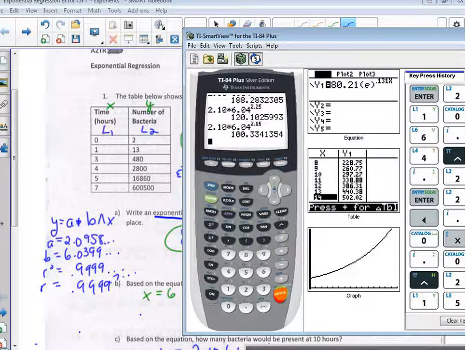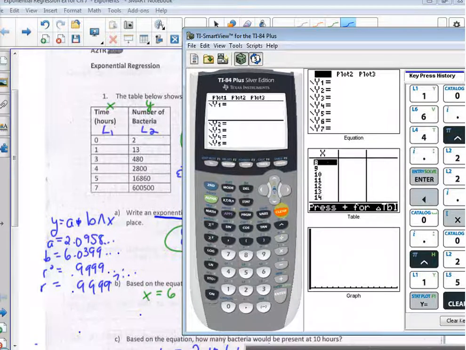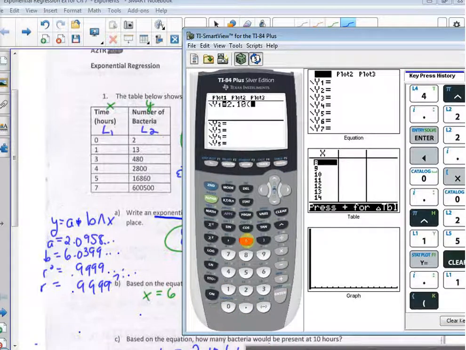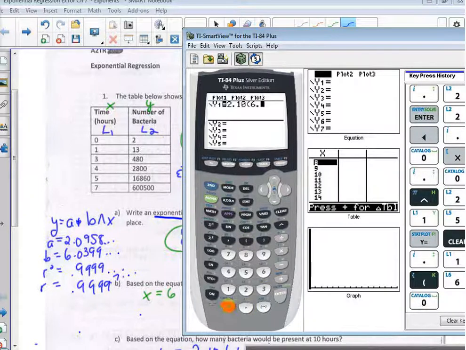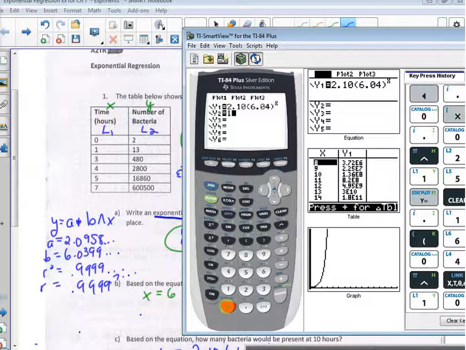Another way to do this would be to actually go to your calculator and graph this. So you can go into y equals, and you could put in 2.10, and then 6.04 in parentheses, raised to the x. And then you could put in y2 equals 100. So I think that the answer is going to be around 2.2, somewhere around there.